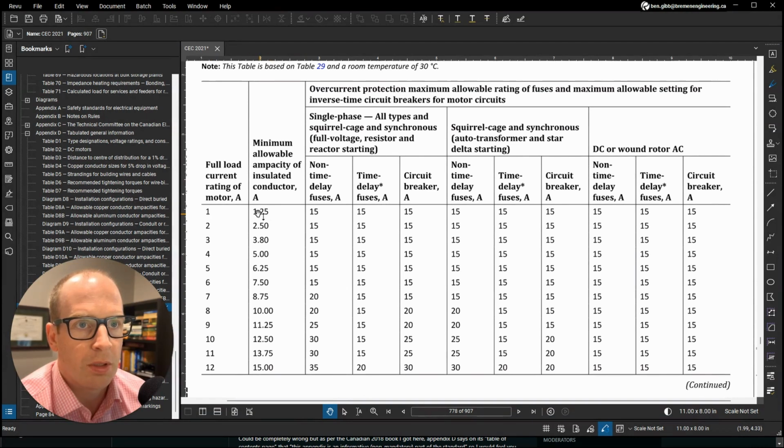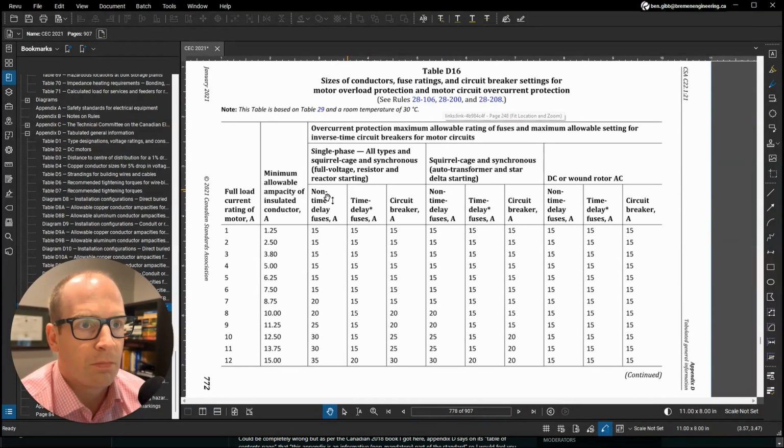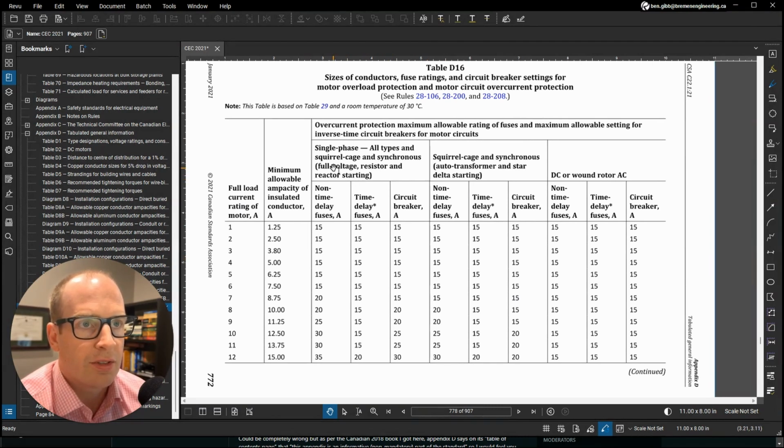So this looks to be 125% throughout, which makes sense. Single phase all types, and squirrel cage and synchronous full voltage, resistor and reactor starting. So that's the one we want there. Squirrel cage, full voltage. This is your standard 3-phase induction motor.